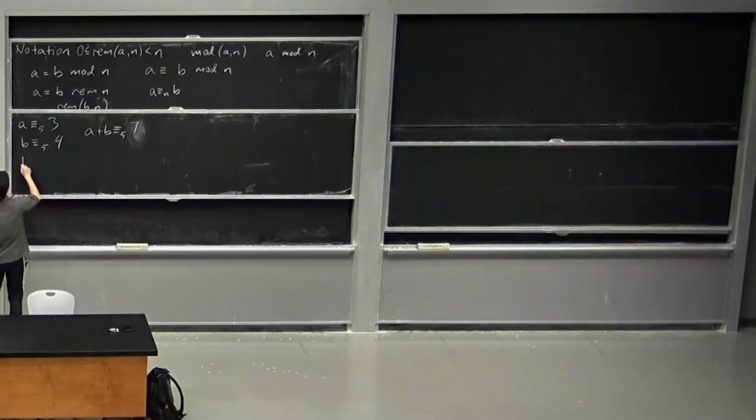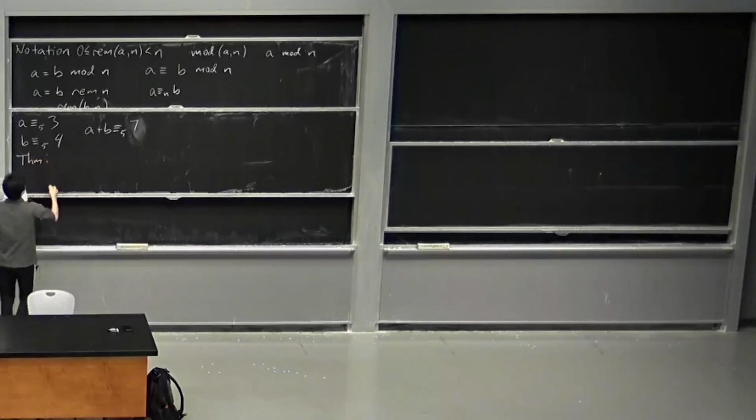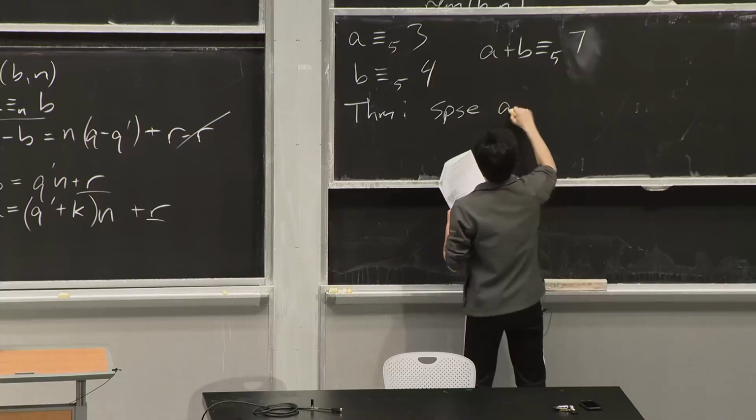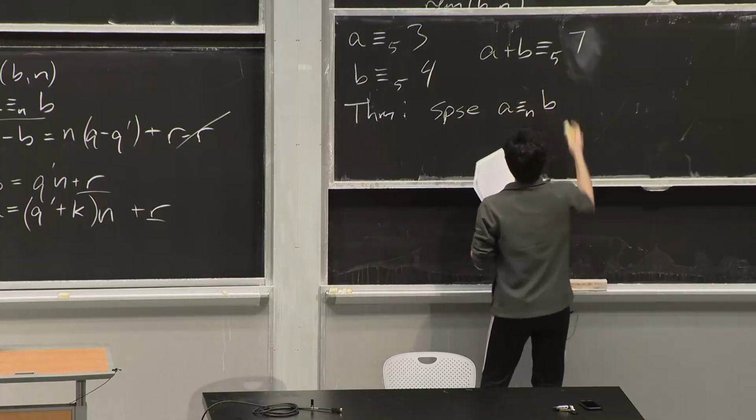So we have a theorem. Suppose that a and b are equivalent mod n.